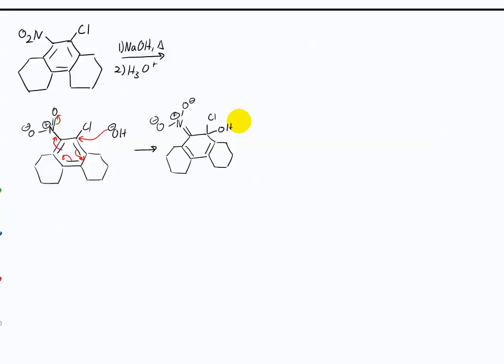And then the second step is losing the leaving group and becoming aromatic again.